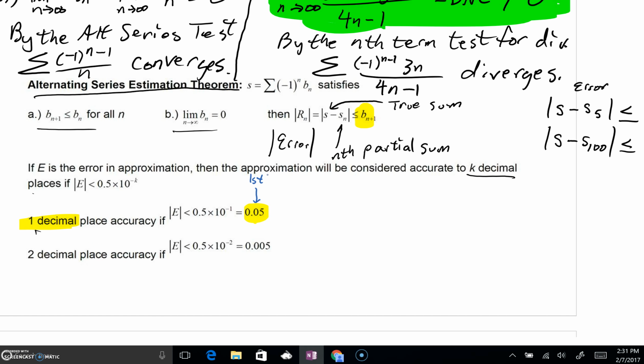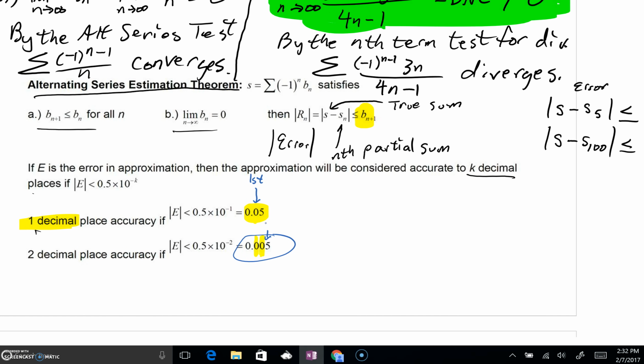That's what's going on. You could say, what about 2 decimal place accuracy? Well, 2 decimal place accuracy means go out to 2 decimal places with a 0 and then have a 5 here. If your error is smaller than that, look, if it was equal to that, the 5 could round up and go to the second decimal place and turn it into 0.001 if we round it, right?